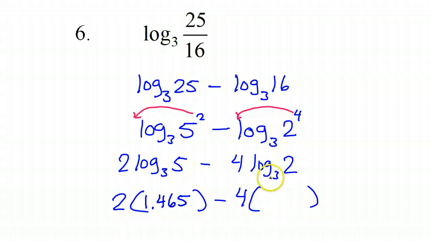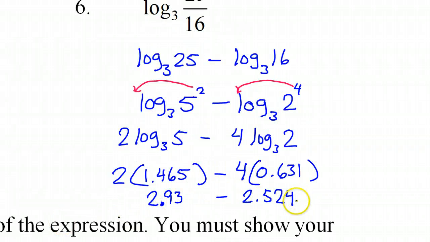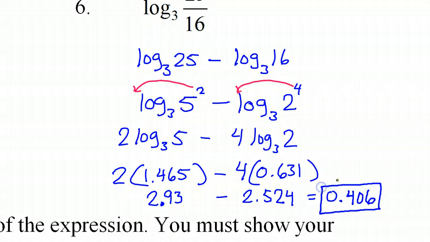And your log base 3 of 2, that's your 0.631. You can evaluate this part in your four-function calculator. That turns out to be this. And then again, use your four-function calculator to subtract. So you get 0.406. So that is the answer to number 6.